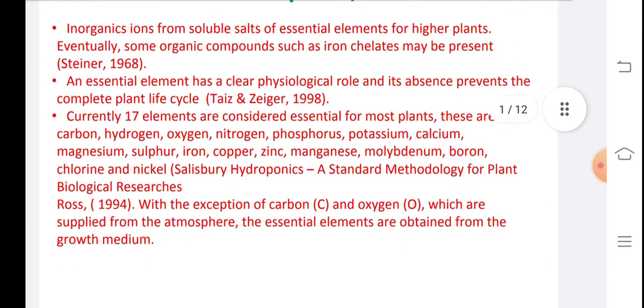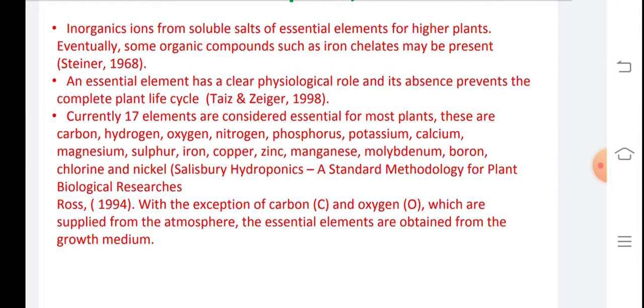There are currently 17 elements considered for most plants, and these are carbon, hydrogen, oxygen, nitrogen, phosphorus, potassium, calcium, magnesium, sulfur, iron, copper, zinc, manganese, molybdenum, boron, chlorine, and nickel.